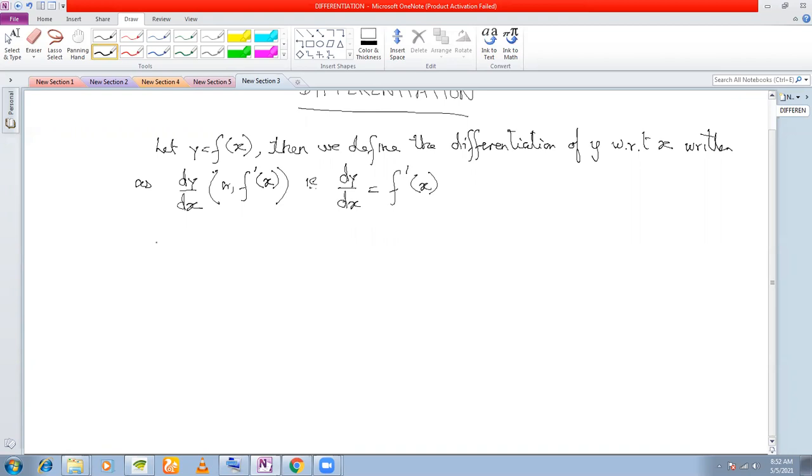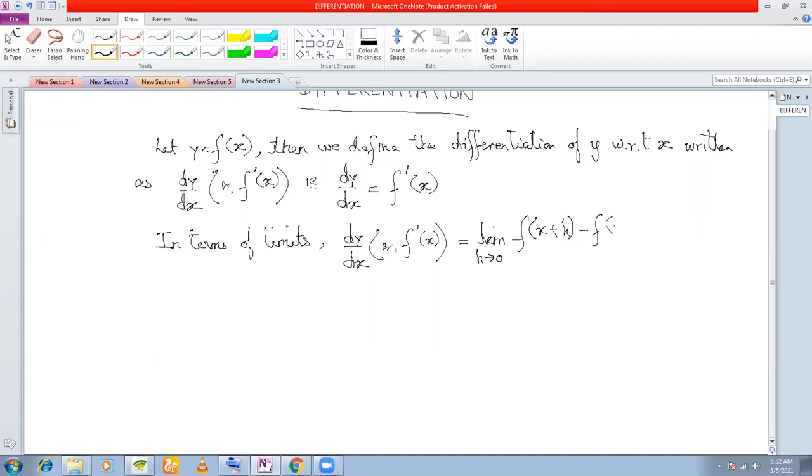In terms of limits, dy/dx or f dashed x is written as the limit of h tends to 0 of f(x plus h) minus f(x), divided by h.